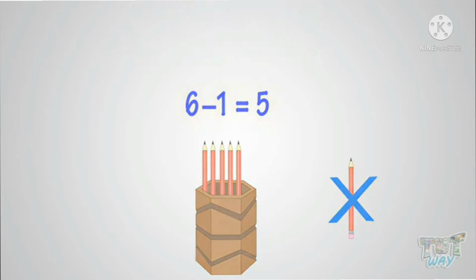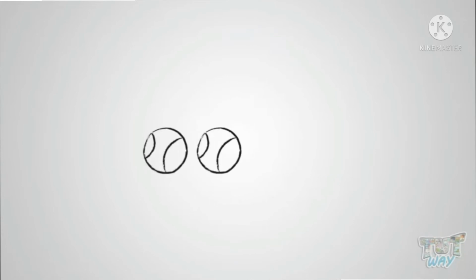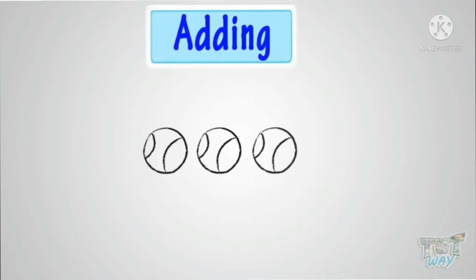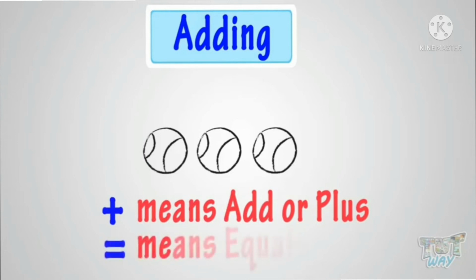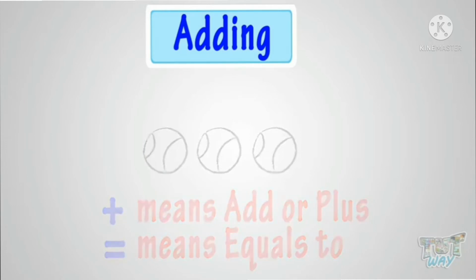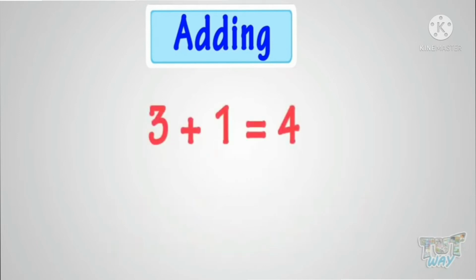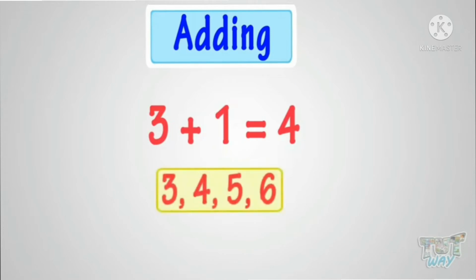So what we have learned? We learned that we include more things in a set of things. We say we are adding things. And this sign means add or plus. And this sign means equals to. Like 3 plus 1 equals 4.